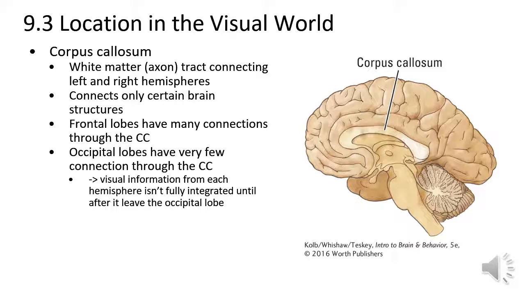So the frontal lobes have a lot of connections through the cerebral cortex. The left and right frontal lobes are communicating back and forth quite fluently, but the occipital lobe has very few connections to the right and the left through the corpus callosum, and this means that visual information from each hemisphere really isn't integrated between the hemispheres until after it leaves the occipital lobe.